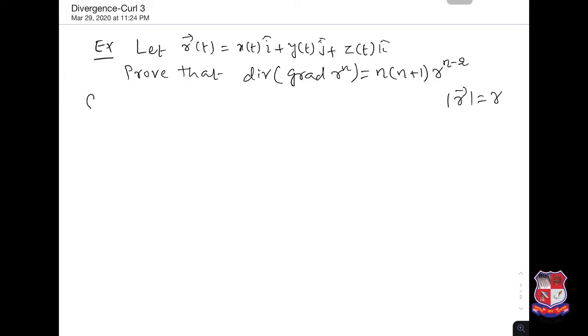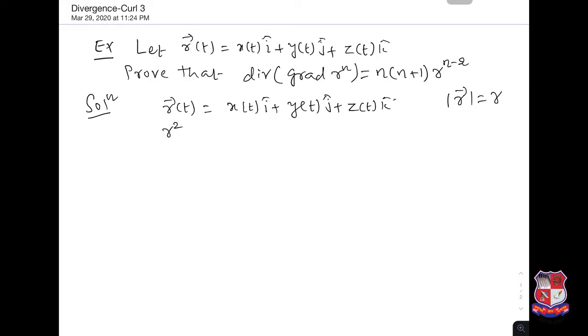Now vector r is xi plus yj plus zk. They are functions of x, y and z.